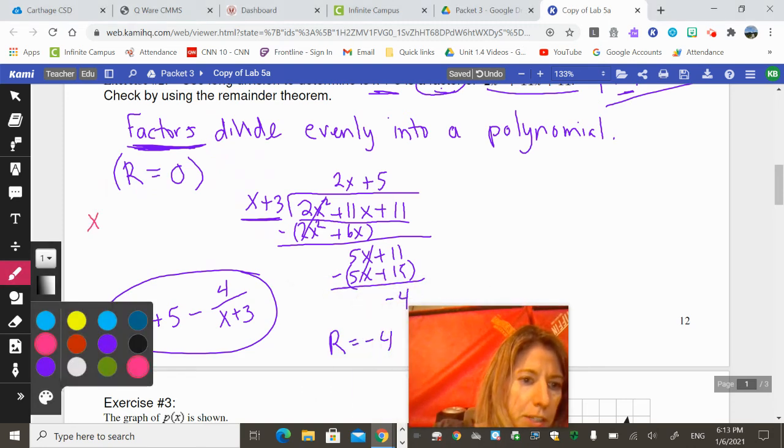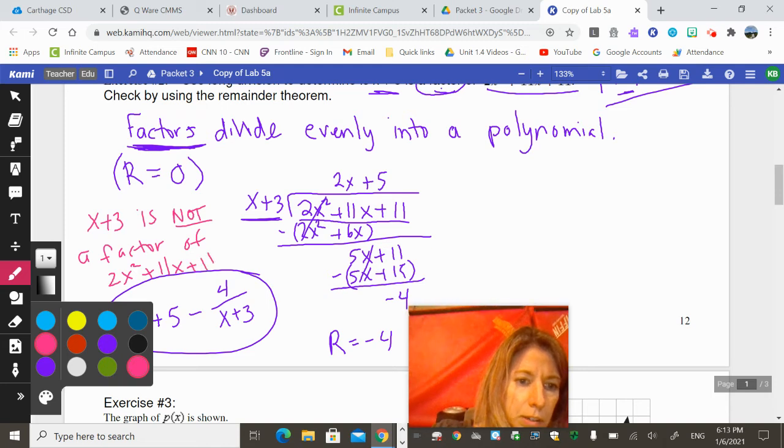And the reason why it's not a factor is because it has a remainder other than 0. So it's not a factor because the remainder is not equal to 0.